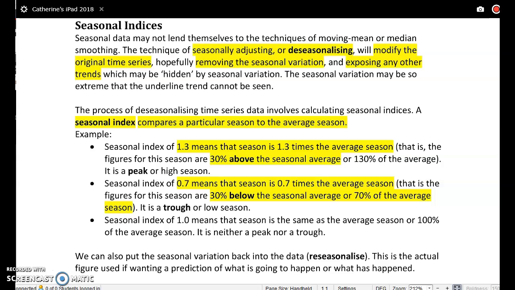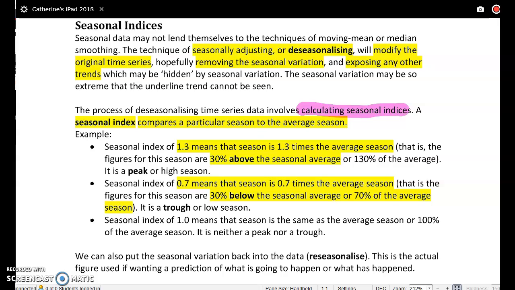So to deseasonalise, we calculate our seasonal indices. All right, so a seasonal index compares a particular season to the average season.